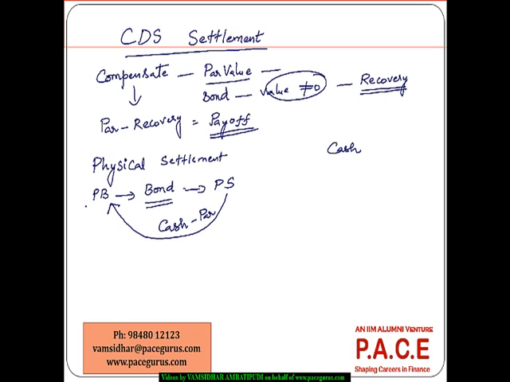So it is like now the bonds will not be with the protection buyer, the bonds will be handed over to the protection seller, and the protection seller will compensate the buyer with the entire par value. And whatever is the recovery from the bond, the protection seller will recover it from the company.